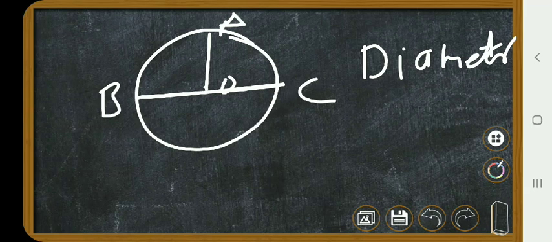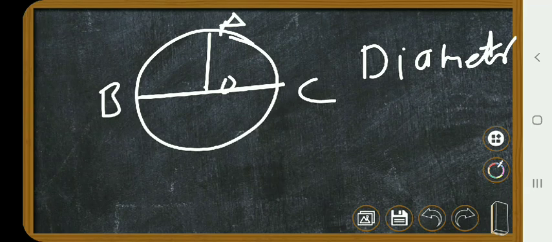It is a line which passes through the center of the circle and joins 2 points on the circle. It should pass through the center and it is always a straight line. That is called the diameter.